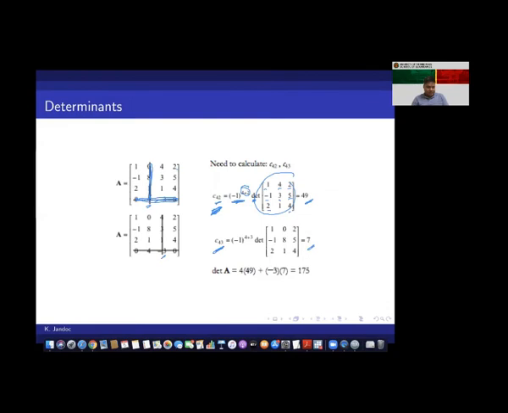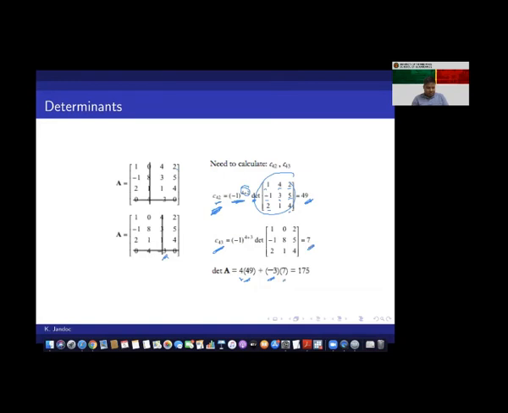Okay, and so the determinant is actually the entry 4 times its associated cofactor, which is 49, plus -3 multiplied with its associated cofactor 7.